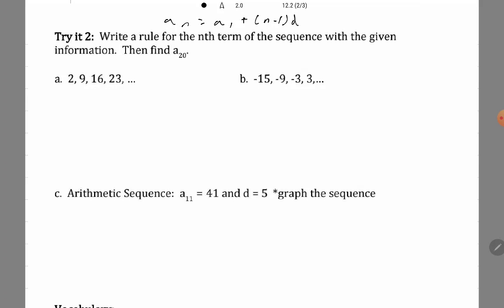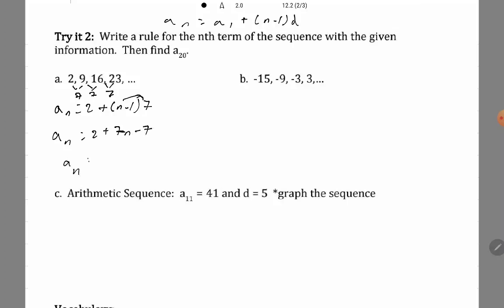So, write a rule for the nth term. The rule is a sub n equals 2, that's the first term, plus n minus 1 times d. You have to make sure that the difference is the same, which it is. So d is plus 7. My formula is going to look like this: 2 plus, distribute, 7n minus 7.